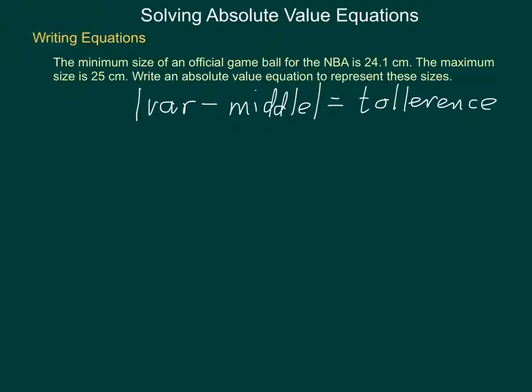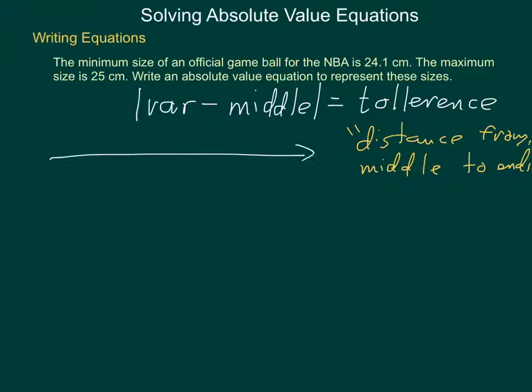Tolerance is the name of the distance from the middle to either end. I'm just going to say to the ends. That way it can be the right end or the left end. So how far can we move from that center ideal?